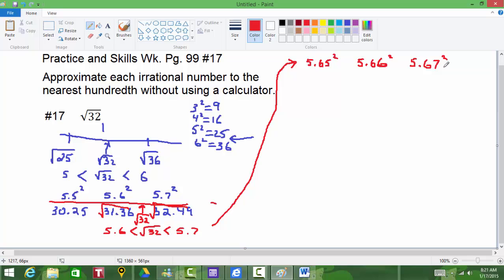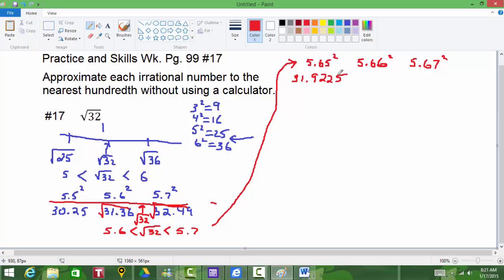And then at that stage, just like we did before, you can take a calculator. I'm going to take 5.65 times 5.65. If I do that, I'm going to get 31.9225.